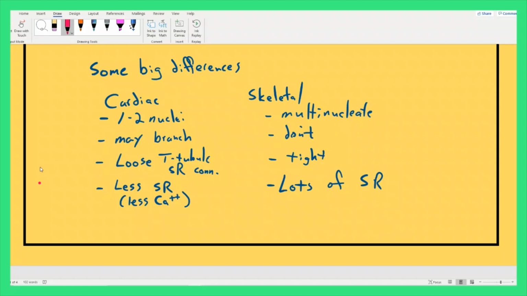In cardiac muscle contraction, somewhere around 20% of the calcium needed comes in from the ECF, extracellular fluid, or from outside the cells.